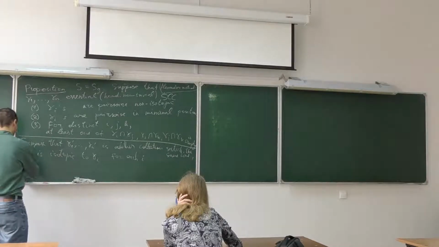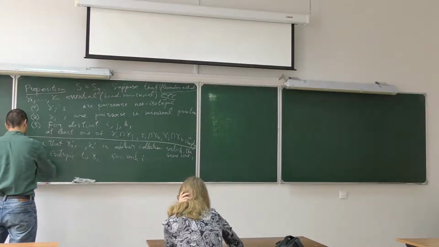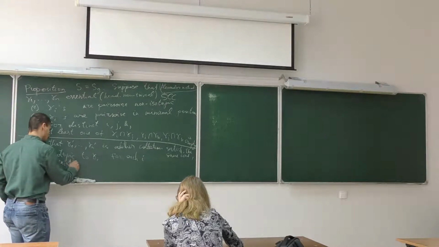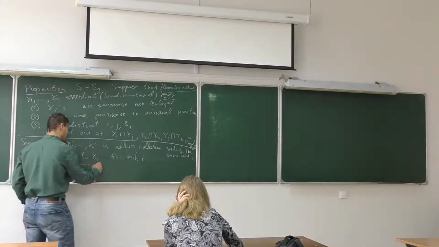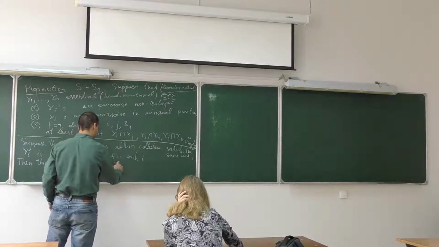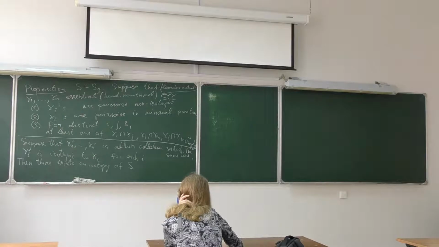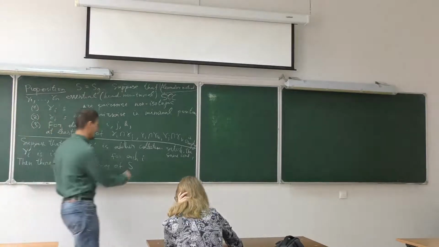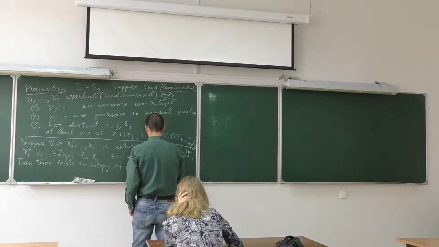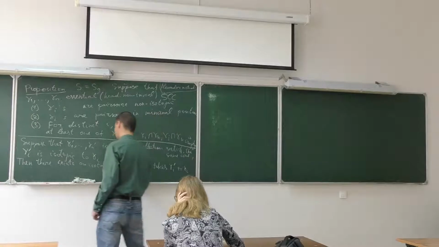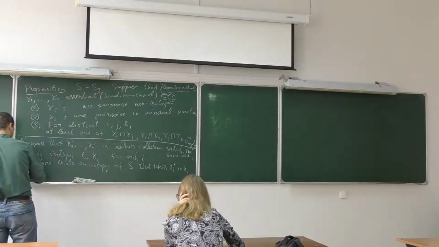So then there exists an isotopy of the whole S that takes gamma i prime to gamma i simultaneously for all i's.